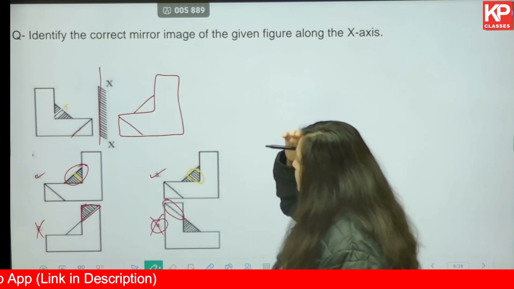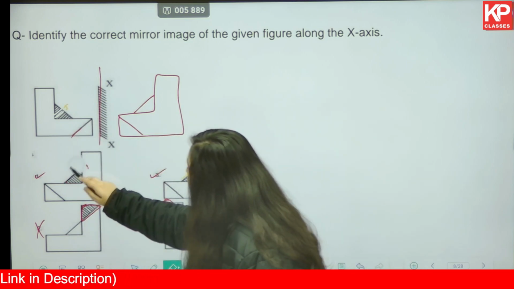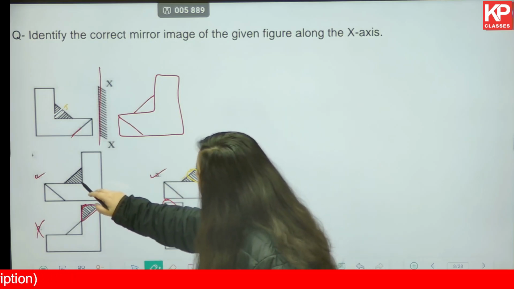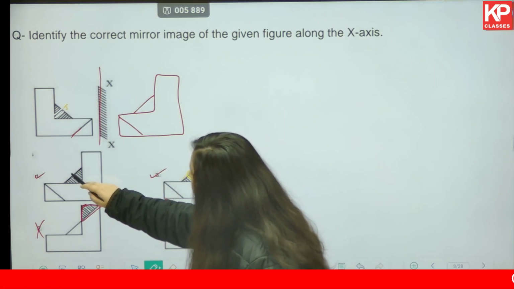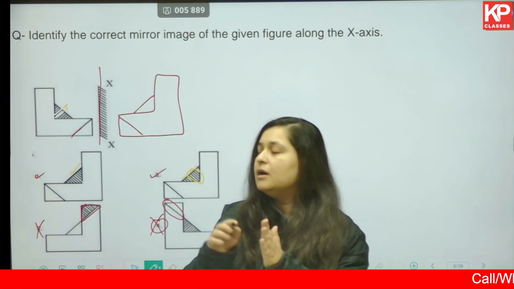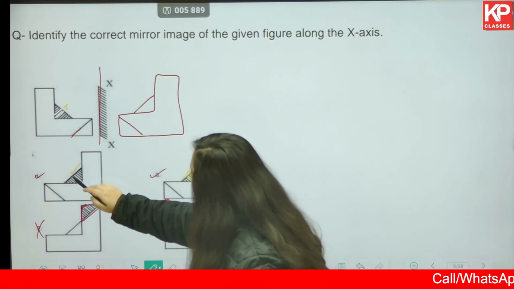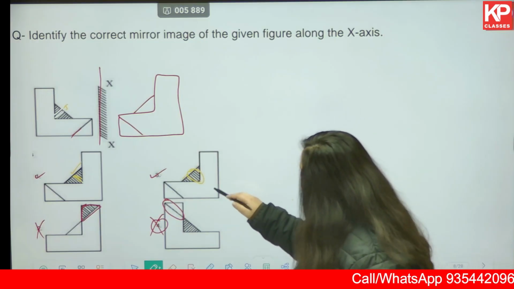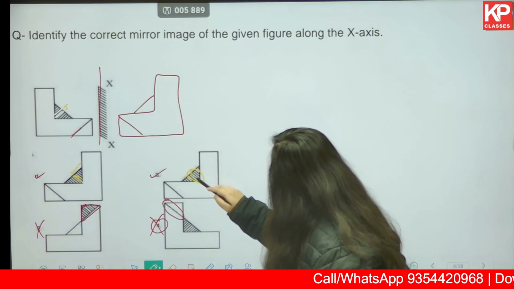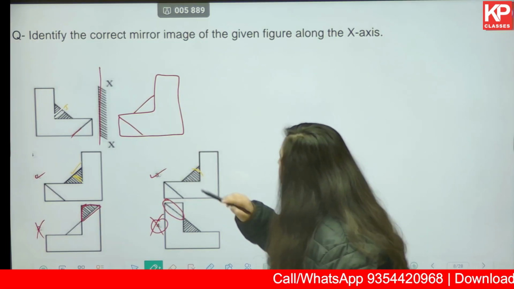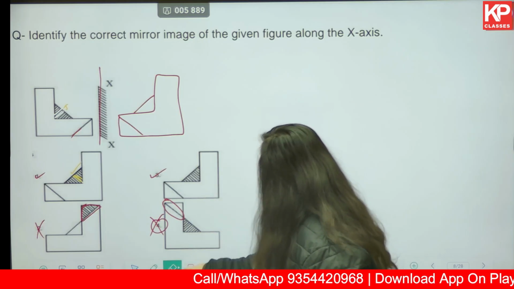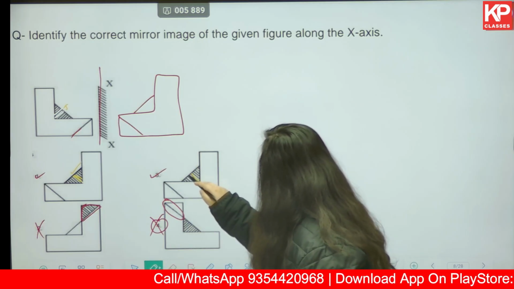In option number 1 the gap is correct, it is more between the middle line and the line above it, whereas in option number 3 the middle line and the bottom line have more gap in between.